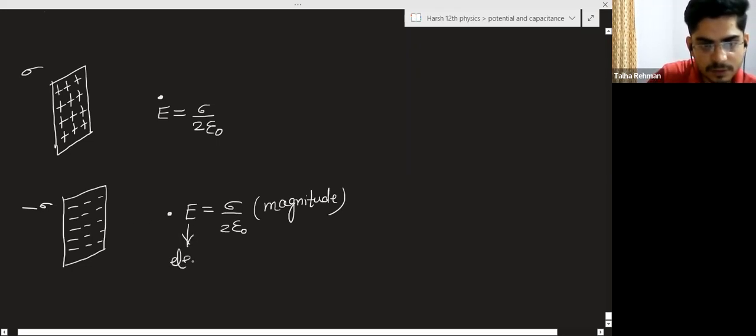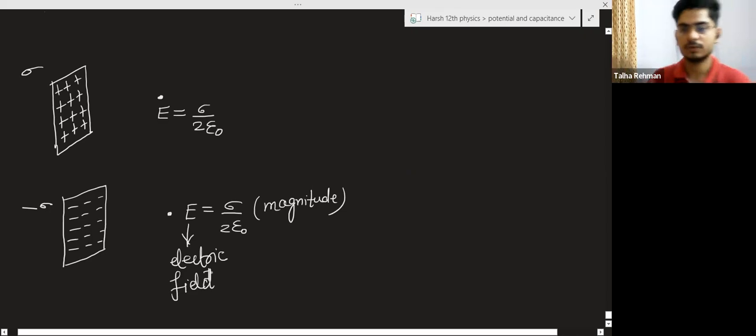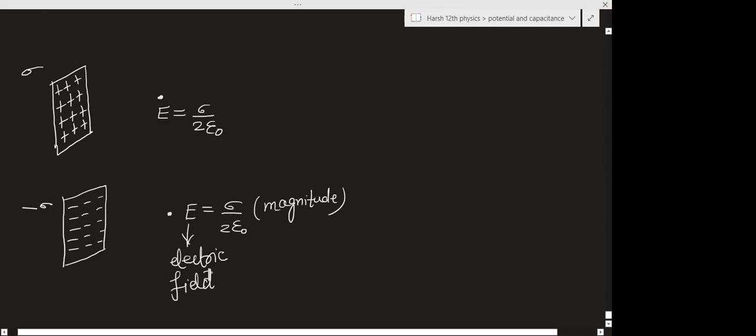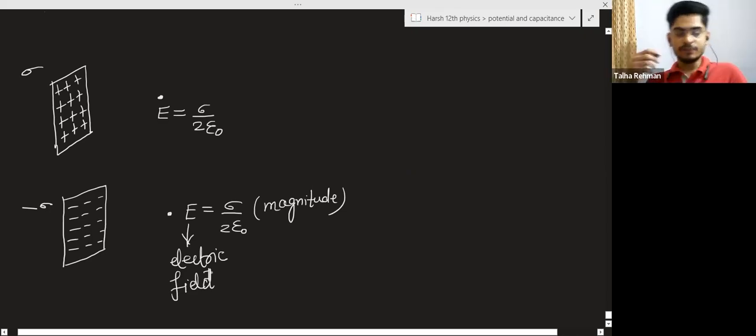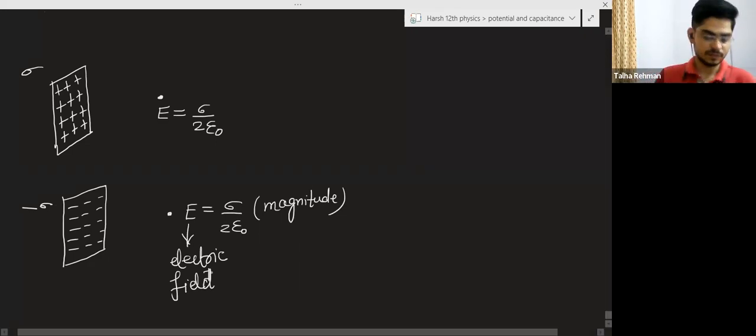So please write this: E is the electric field. Please note it down. This first, and after that, we will derive the capacitance of the parallel plate capacitor.